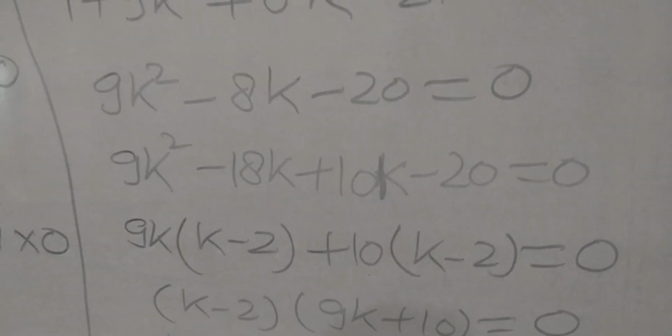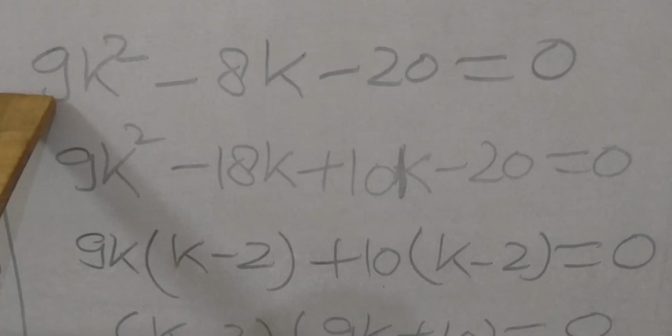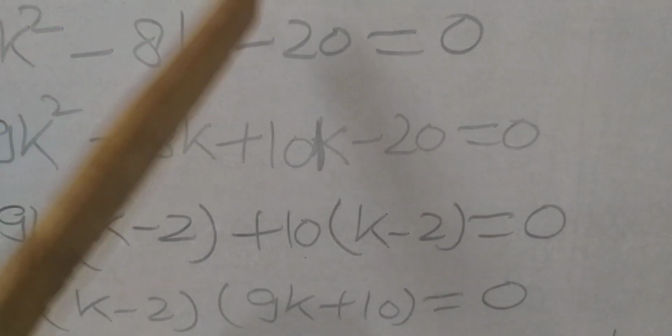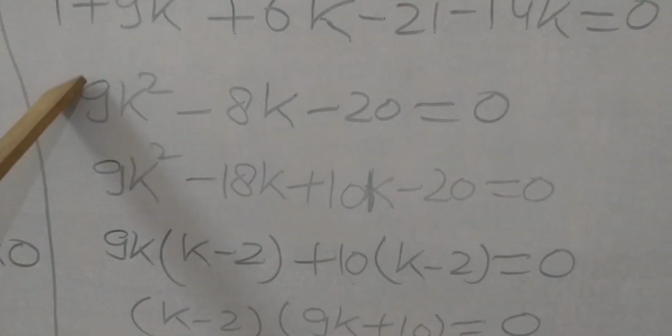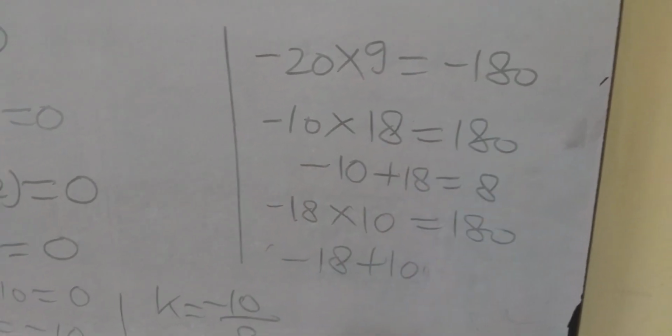But you know that factorization is the easiest method, so I am going to find the value of k by factorization. Minus 20 multiplied by 9 equals −180.